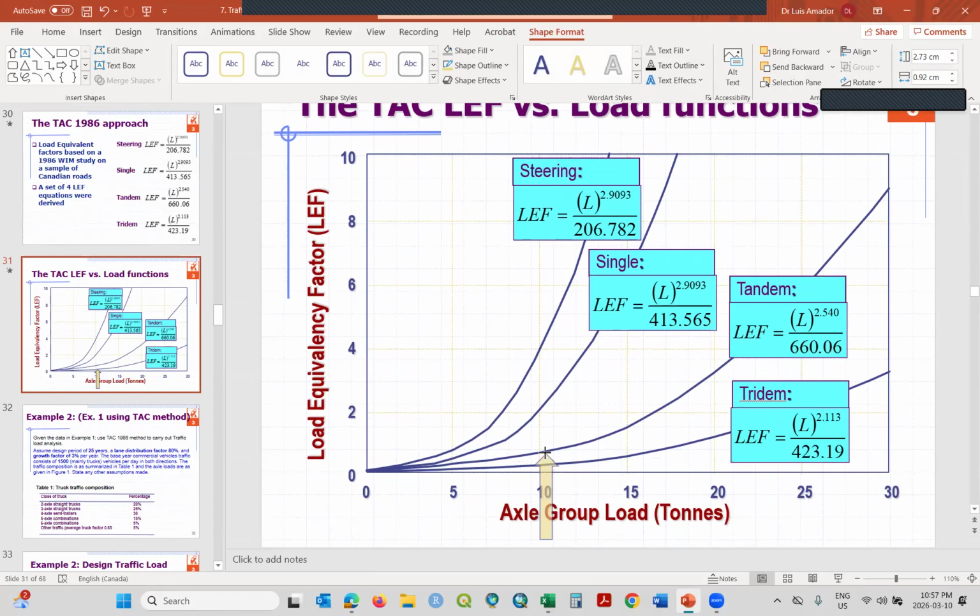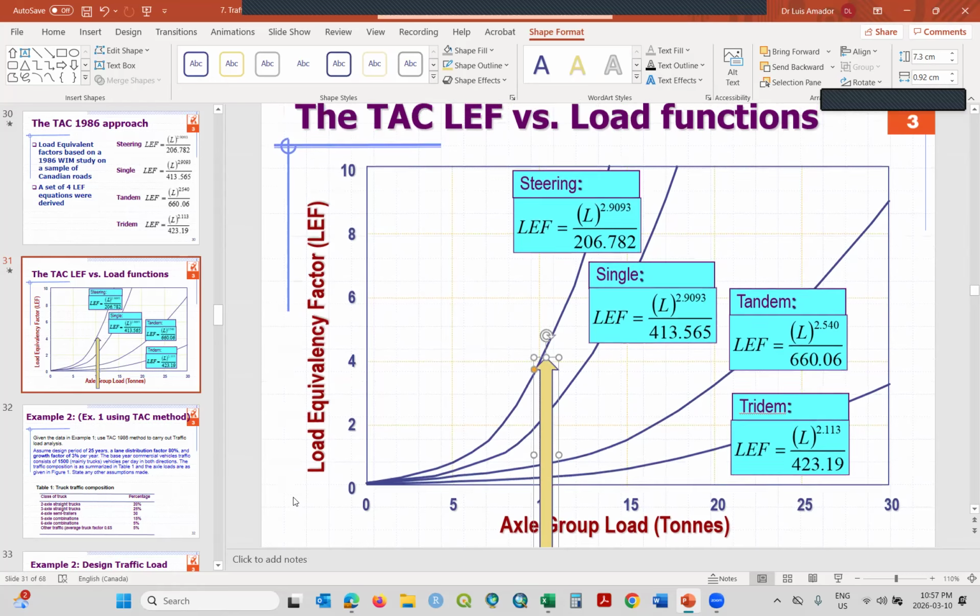If you go to your tandem, this is the amount of damage. If you go to your single, this is the amount of damage, about 2. If you go to a steering wheel, this is your amount of damage, about 4. So which axle produces more damage? Steering. Thank you, the steering.